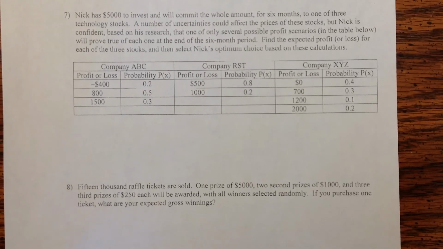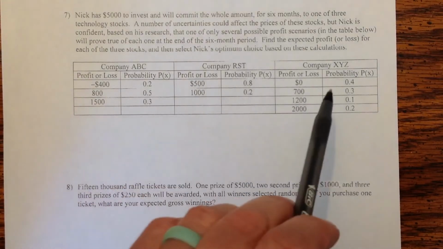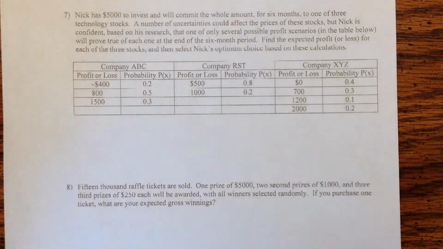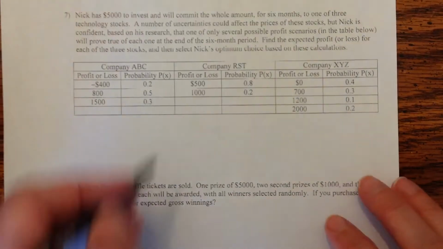Problem 7 is just 3 separate tables that need to be computed. So Nick has got an opportunity to invest $5,000, and he's wondering which company he should go with. So he's going to find the expected profit or loss for each of these tables.